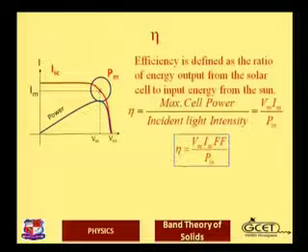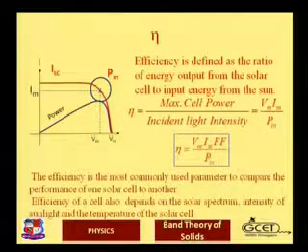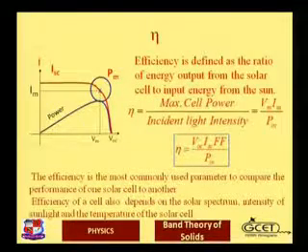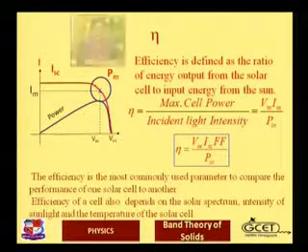Or in another way, eta can be written as VOC into ISC into fill factor divided by P input. The efficiency is the most commonly used parameter to compare the performance of one solar cell to another.